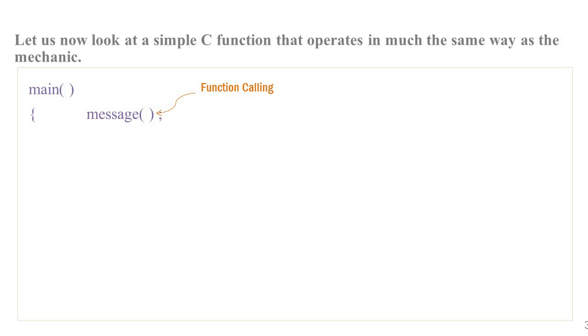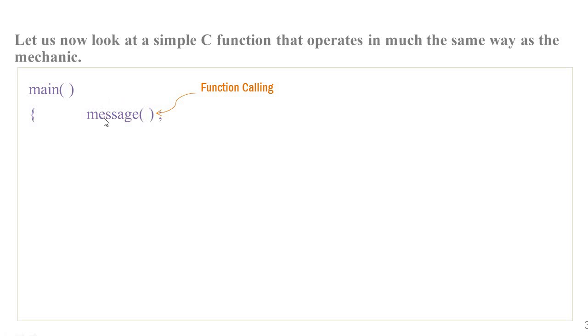There are only three types of instruction possible in the C programming language, but this is not an instruction, it is a function calling statement. You need to find out whether it is an instruction or a statement. This statement represents function calling.